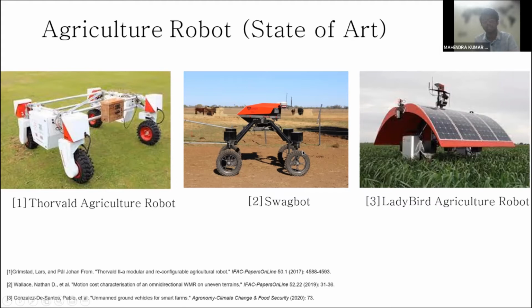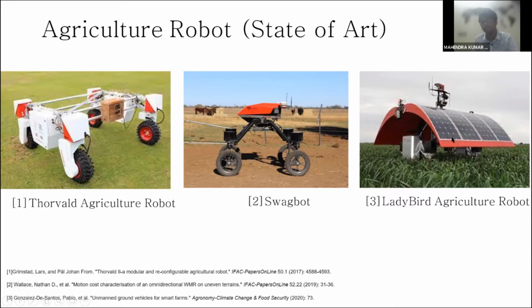This Swagbot was especially designed not for crops, but for farm animal management. They are using it on the farm also, but it was mainly designed for farm animal management.